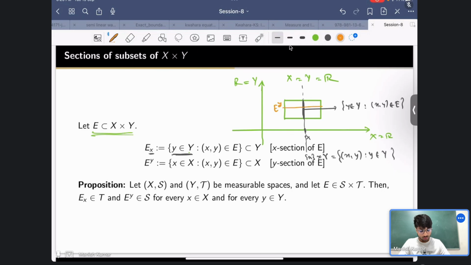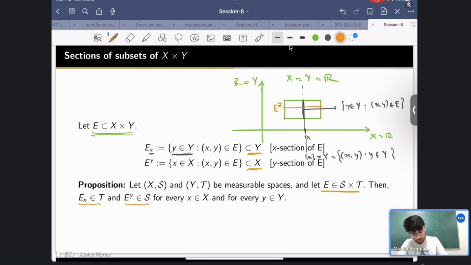Okay. So this proposition says that suppose you have E in your sigma algebra S cross T, then this section E_x will be in T and the section E_y will be in the sigma algebra S. Okay, so if you notice, this E_x is a subset of Y and this E_y is a subset of X, right? In fact, this E_x will belong to the sigma algebra corresponding to Y, right?